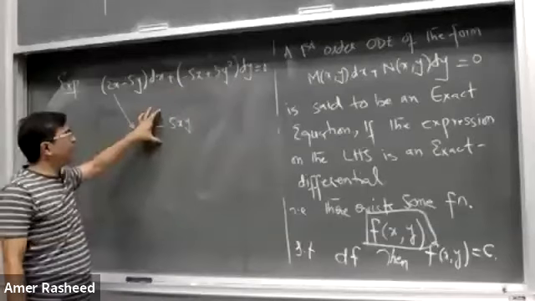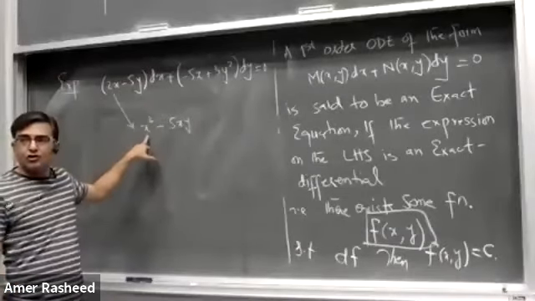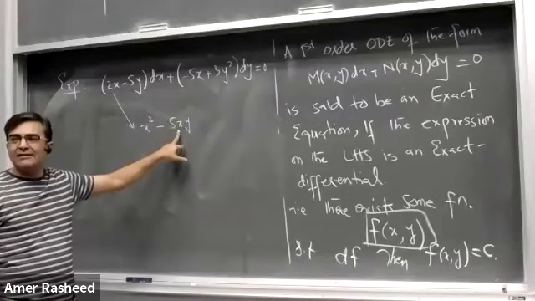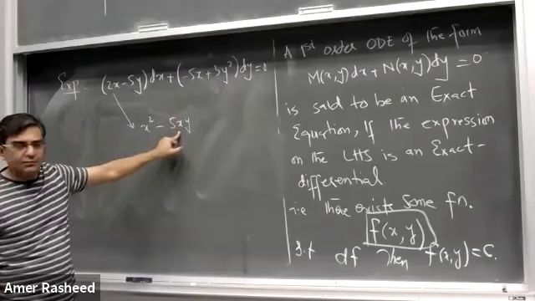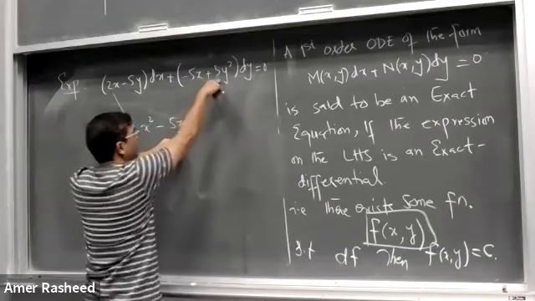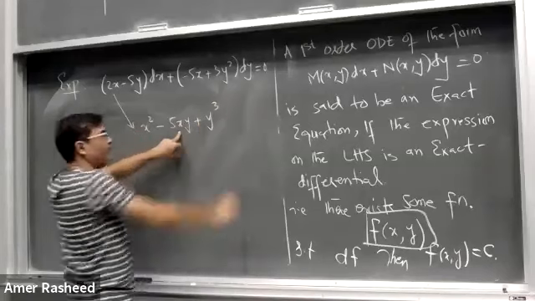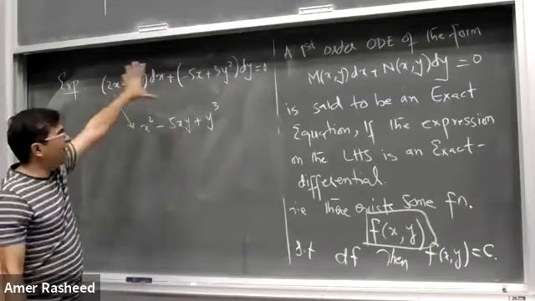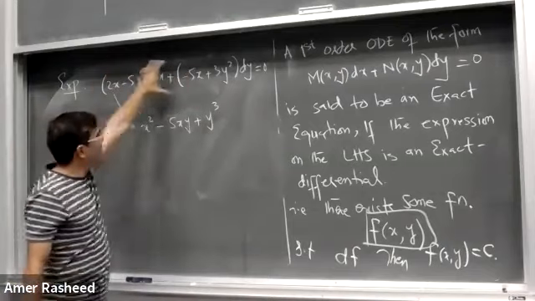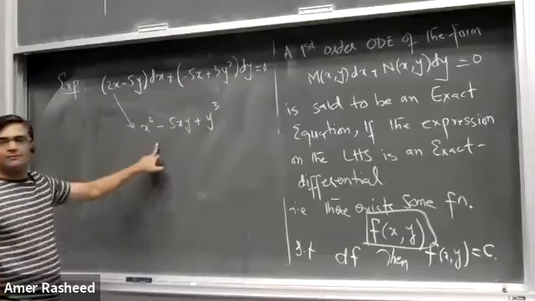If we take the derivative of this with respect to y, then this term will go to 0, and this term will give us negative 5x. So this is okay. Now, where does this term come from? It comes from y cubed. Now I can judge that the left hand side of this equation is the differential of this function.